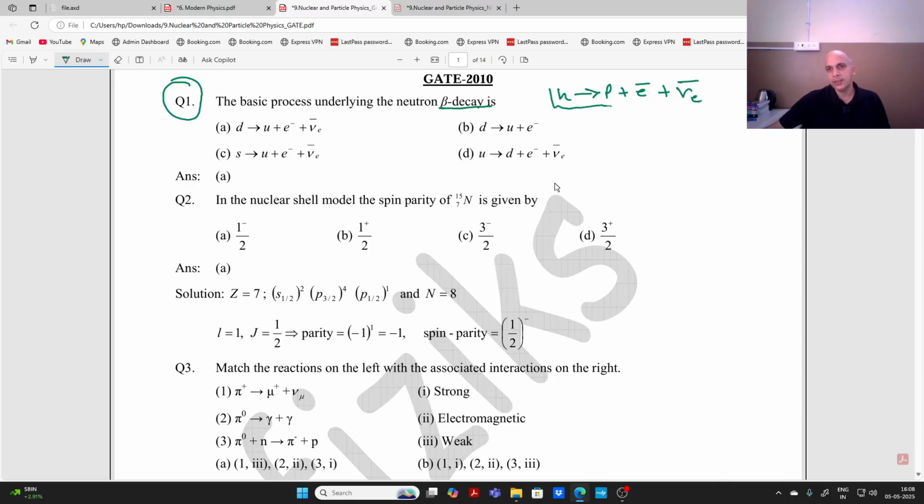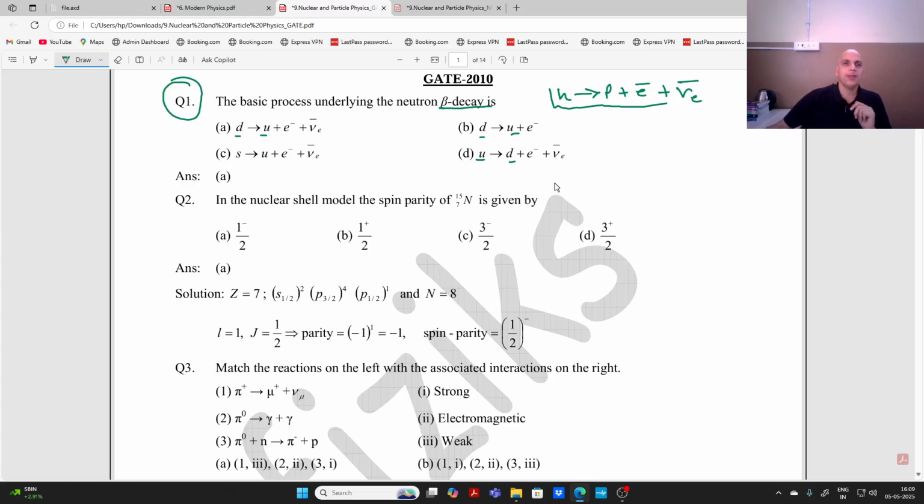Although, as I told you, I will cover it in detail in the radioactivity chapter, here I can simplify this question with the help of the quark model also. Here they are basically down quark and up quark, representing this decay in terms of quarks.